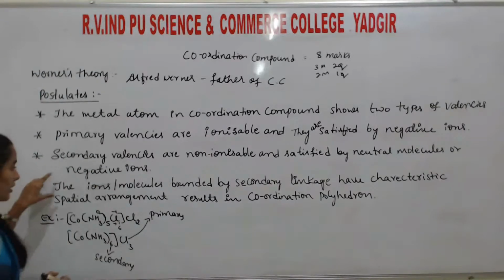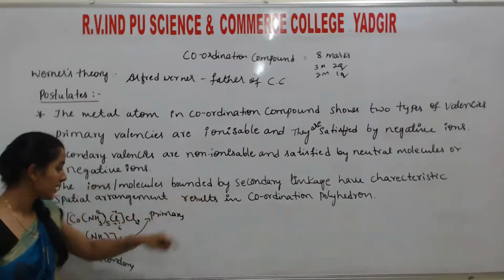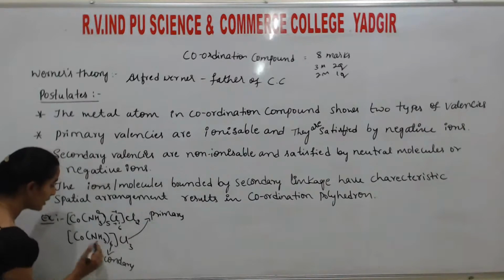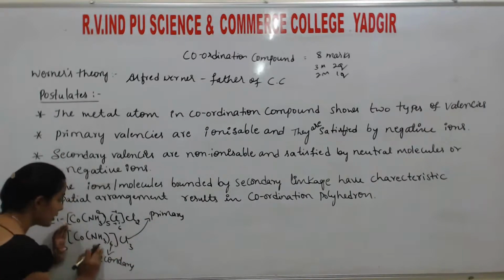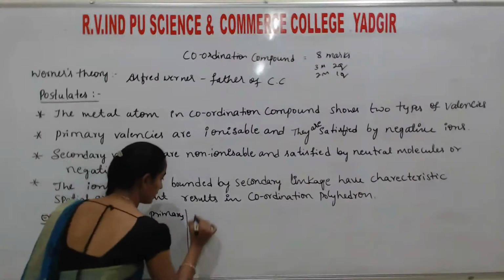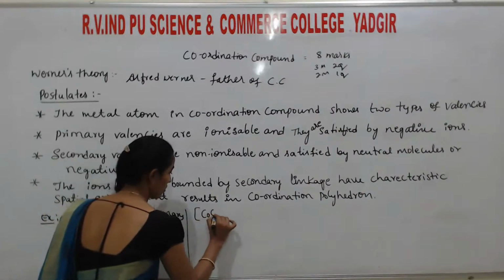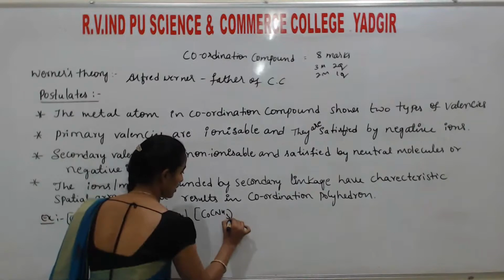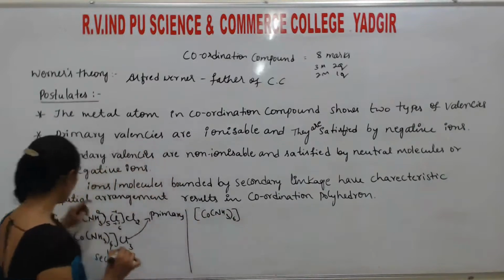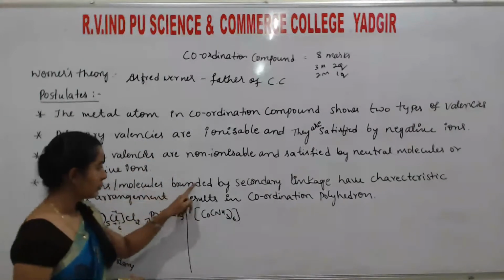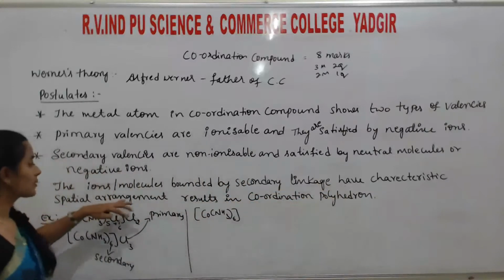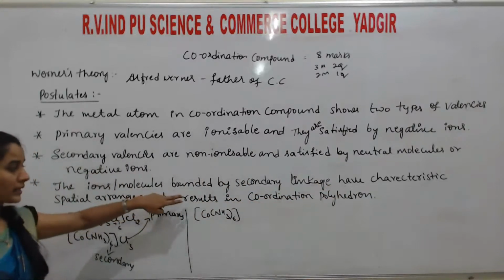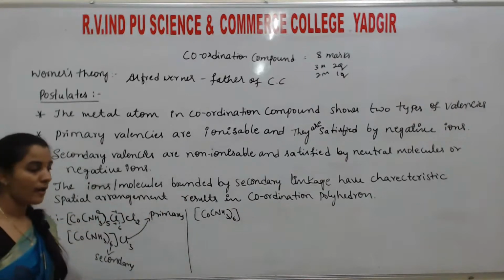Next, the ions or molecules bounded by a secondary linkage means this one. I take this one as the example, CoNH3 6 times. What they said? The ions or molecules bounded by a secondary linkage have characteristic spatial arrangement resulting in coordination polyhedron.